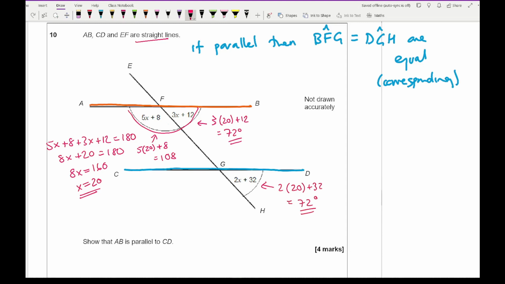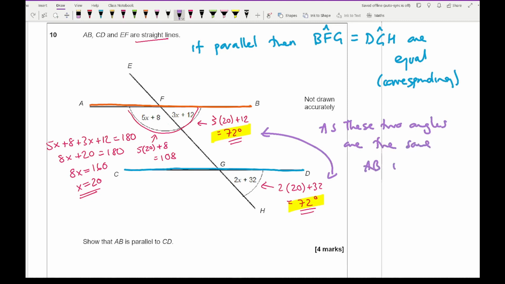So as you can see, as these two angles here are the same, AB is going to be parallel to CD.